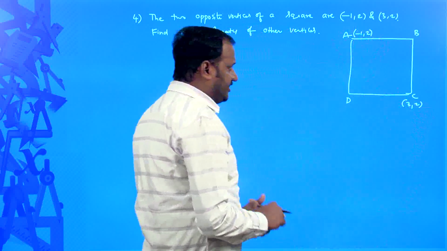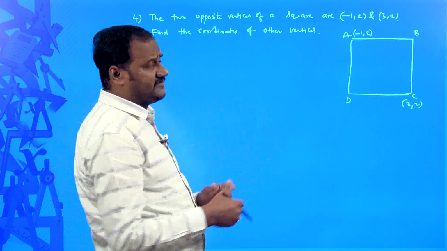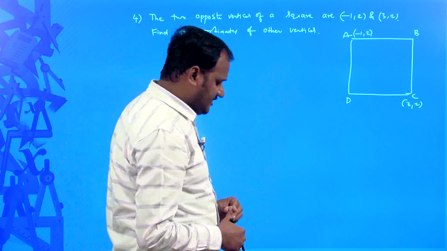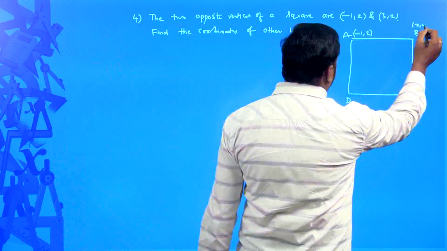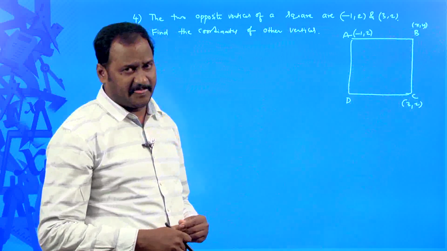These two are one pair of opposite vertices, but we do not know the other pair of opposite vertices. So let us consider first one of the vertices. Let us take this vertex B as x comma y. First let us try to find out the vertex B, and then we will think about D, right?